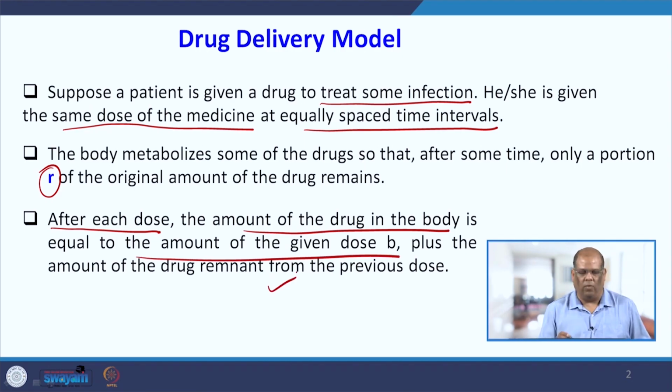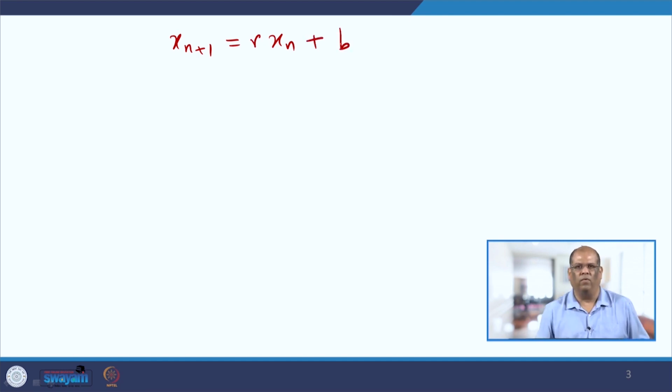So, if you want to model this, it will be x n plus 1, the amount that remains from x n, that is the portion R, plus a constant amount of drug b that is given to the patient at equal time intervals. So, it is a very simple model.